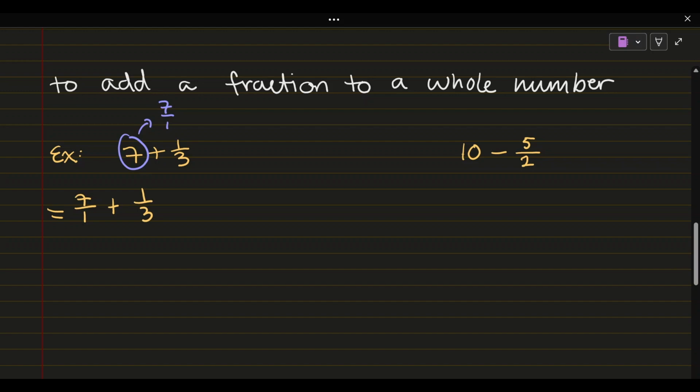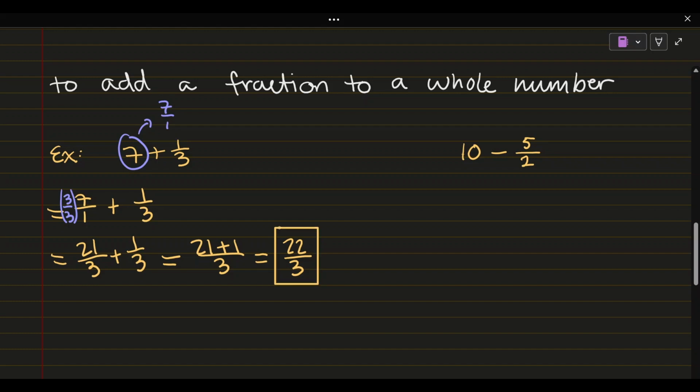I give these a common denominator by multiplying the 7 over 1 by 3 over 3. So this will leave me with a 3 in the denominator there. And I'll have 3 times 7 is 21 over 3 plus 1 over 3. And that gives me 21 plus 1 over 3, which is 22 over 3.